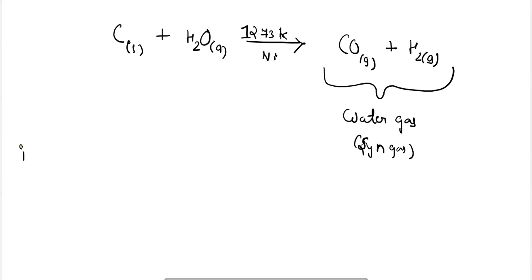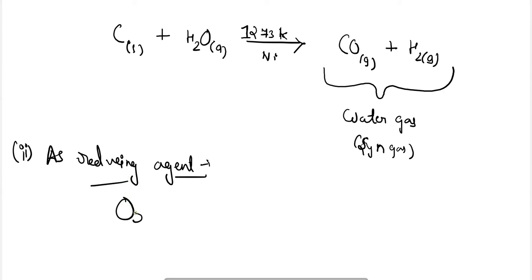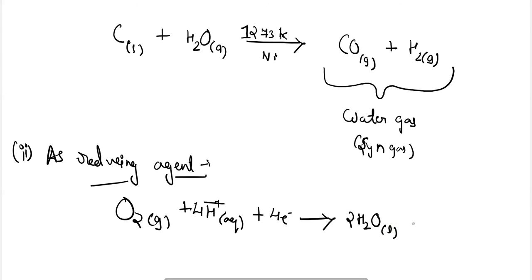Next, water as a reducing agent. As a reducing agent, O2 gas plus 4H aqueous plus 4 electrons will produce 2H2O liquid. Okay. So hence the water can act as a reducing agent also.